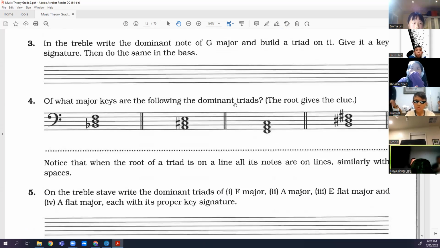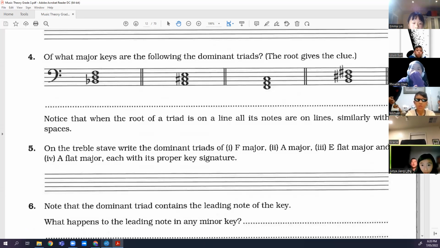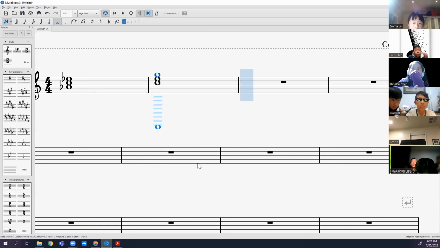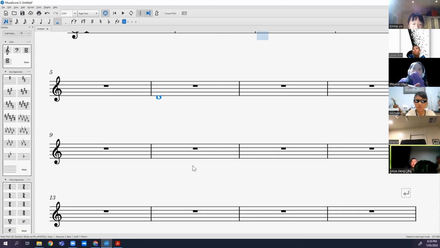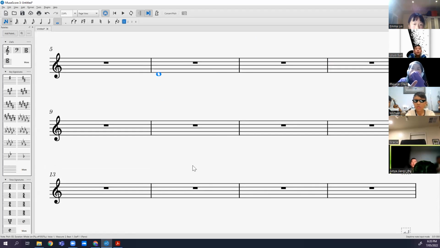Now I am going to be writing a bunch of tonic triads, dominant triads, and subdominant triads. You can write on a sheet of paper what you think they are. So the first line is all tonic triads.